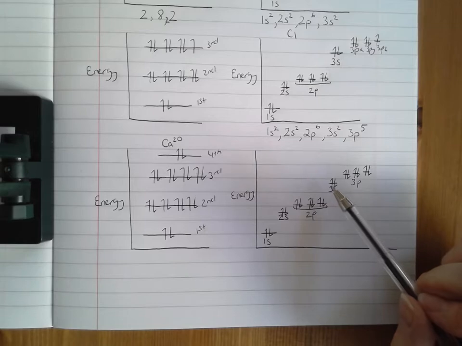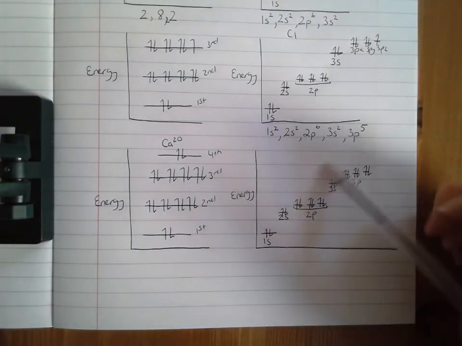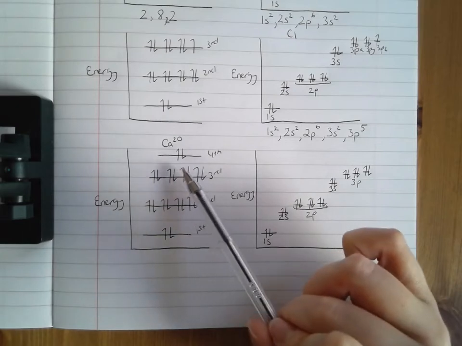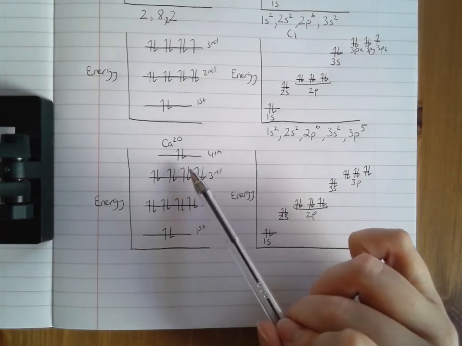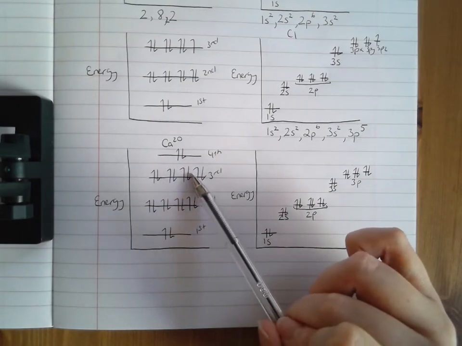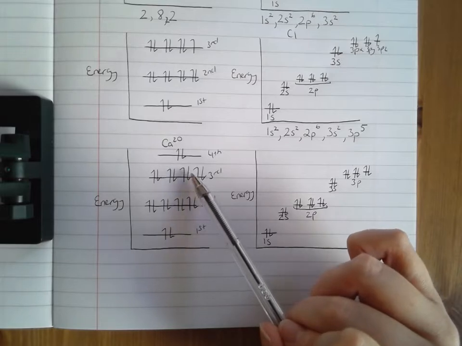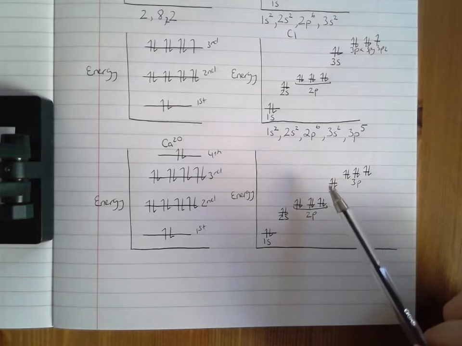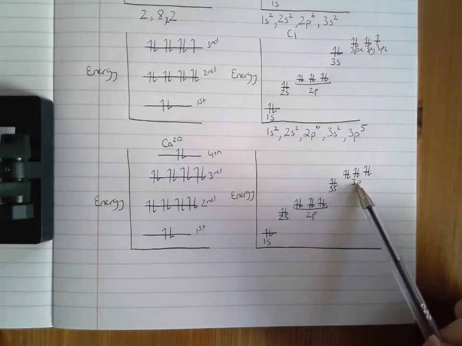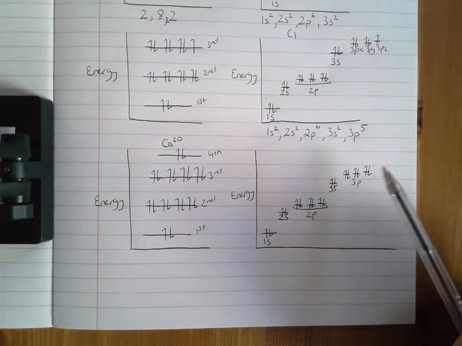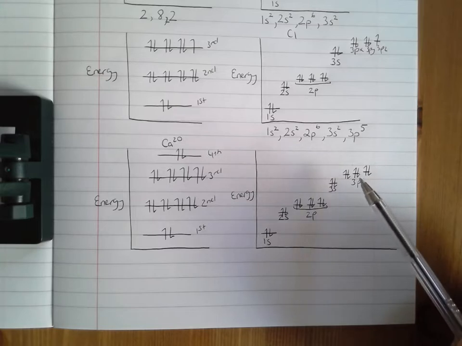But what we haven't talked about at GCSE is the fact that the third shell can actually hold more than 8 electrons. The third shell can actually hold 18 electrons. And the reason it can hold 18 electrons is because as well as the 3s and the 3p orbitals, it also has 3d orbitals.